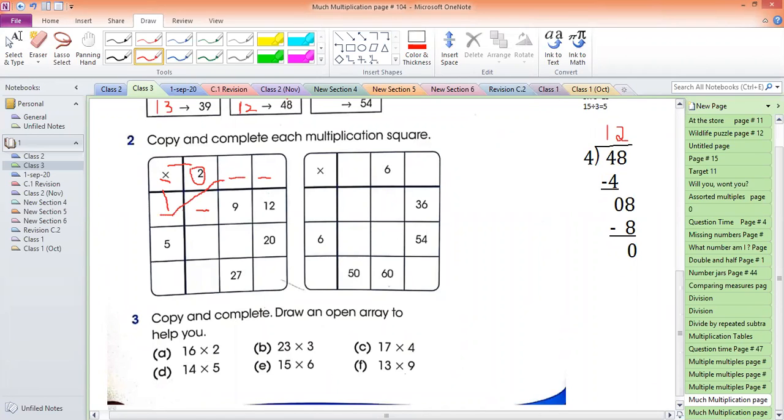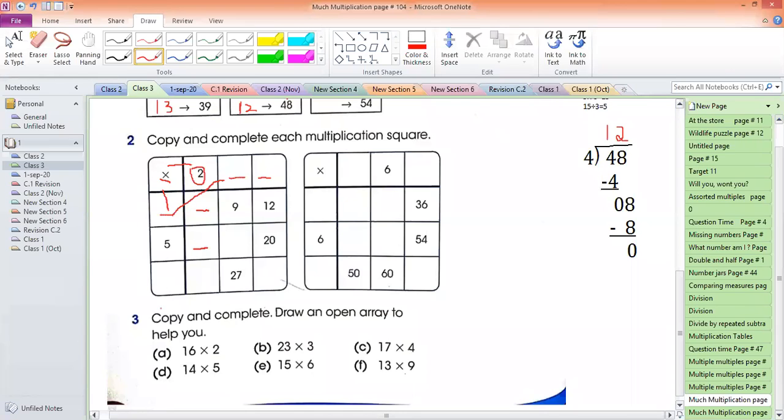Same as, if you want to know what is the number here, you multiply 5 by this 2. 5 multiplied by 2 will be 10, so you will write here 10. If you don't know this number, you multiply 5 by this number, and you will find out what number to write here, and you will surely get 20.